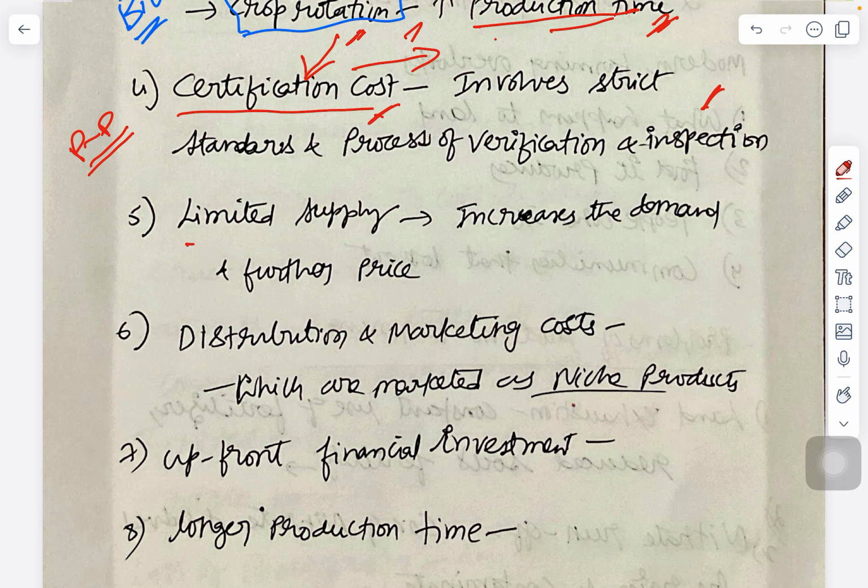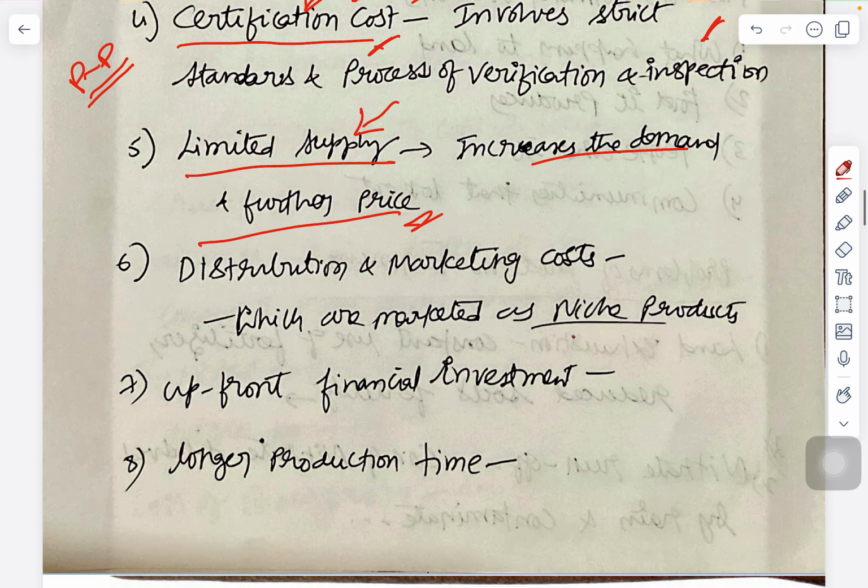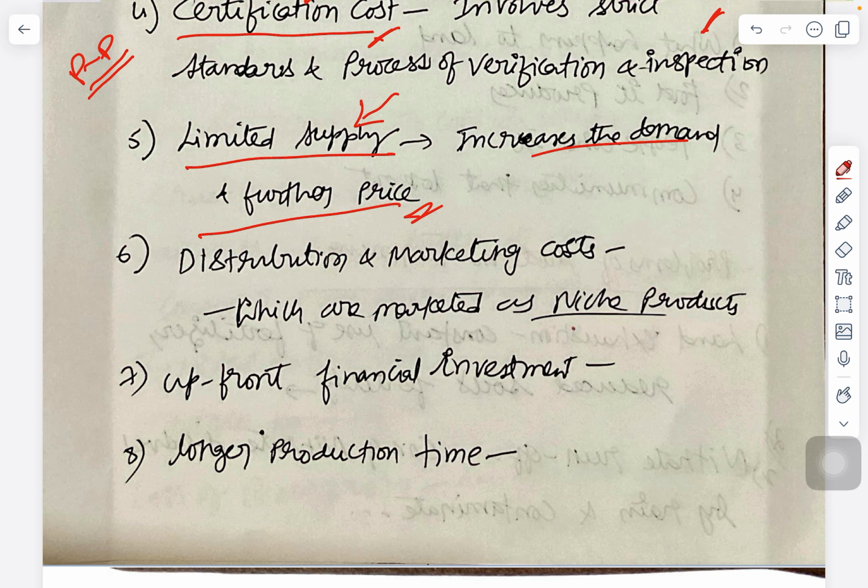And then as the yield is less, it also leads to limited supply. It increases the demand, and then further the price. Yeah, so with organic products, some additional marketing costs also come into the picture, and distribution is also an issue, because these are marketed as niche products.